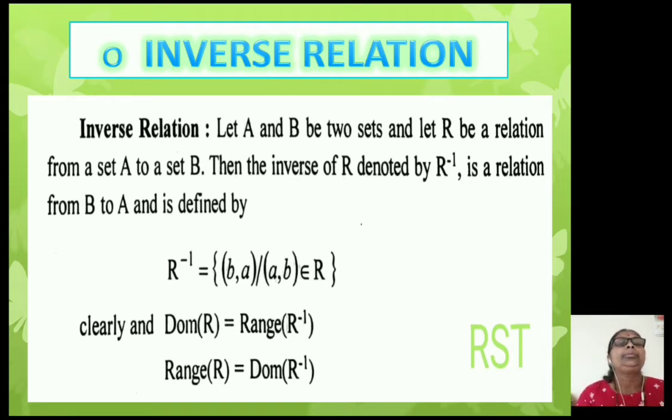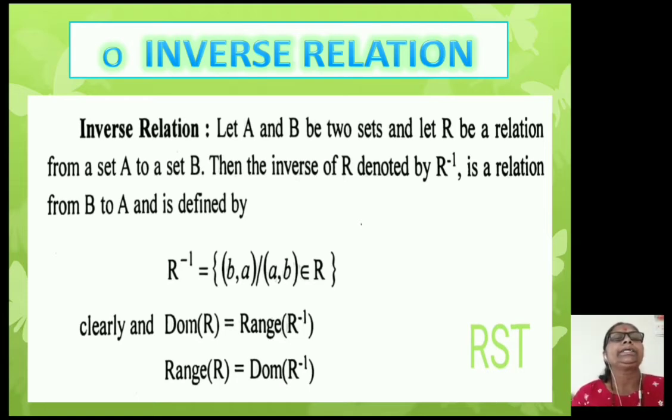But the domain of R equals the range of R inverse. That means the domain of R inverse equals B, that is the second component of the ordered pair, and the range of R inverse equals A, the first component of the relation, which is the domain of R.